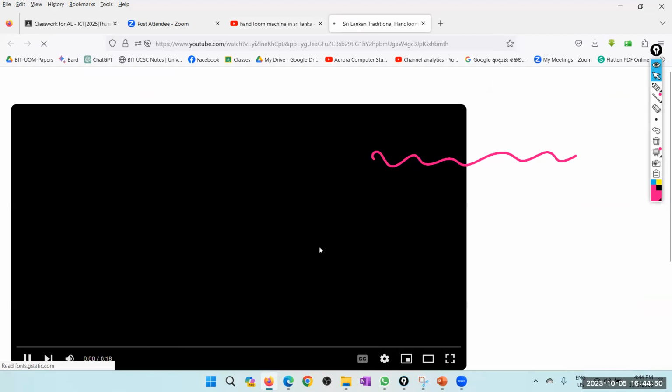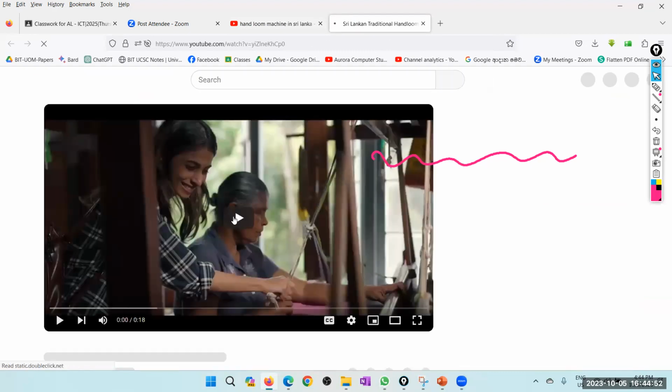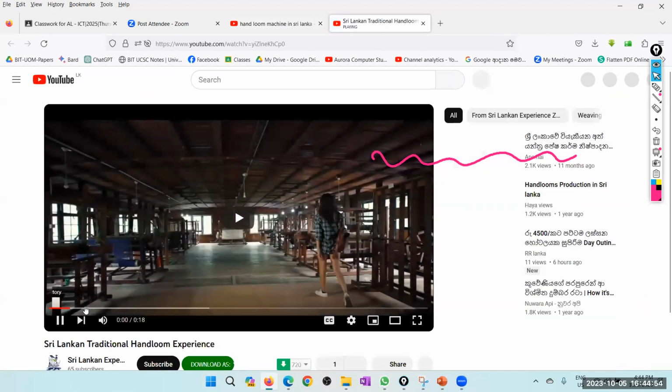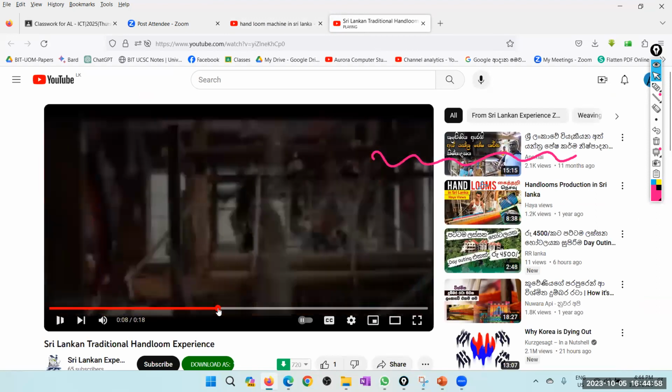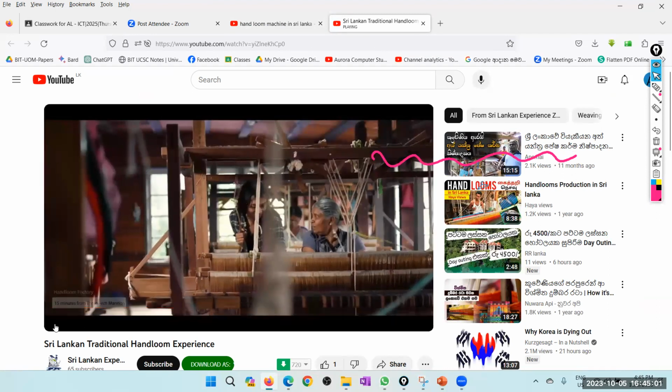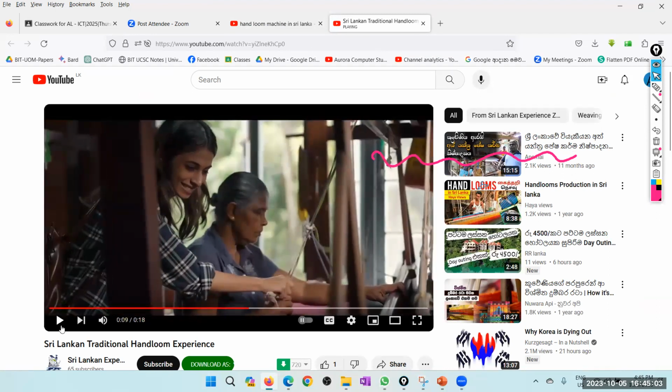Right. So this is, I think, the Sri Lankan version. See, it's not an easy task. These people can weave different fabrics with different patterns, but that pattern must be remembered by the person. And also that person must be there all the time.